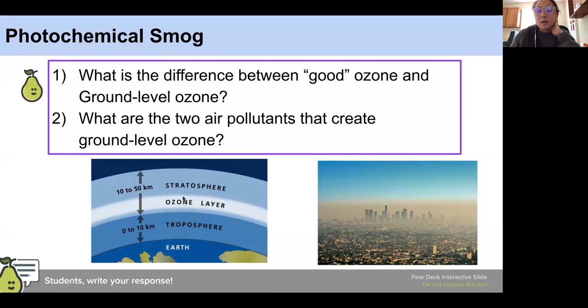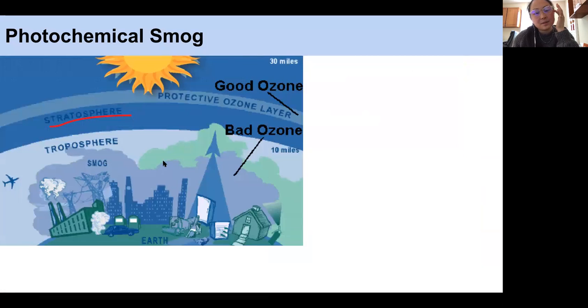All right. So hopefully y'all have an idea of what the answer is. Photochemical smog is the bad ozone here that occurs in the troposphere down here. There are 6 different parts of the atmosphere, because the atmosphere is really massive.